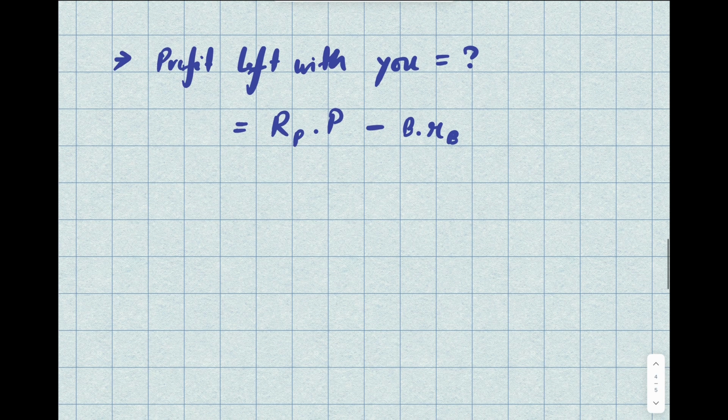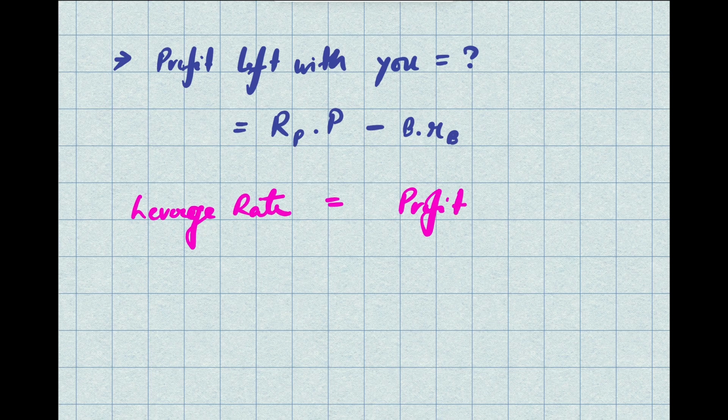So what is the formula for leverage? The leverage rate is the actual profit that is left with you, divided by your own money. In this case, our own money was E only.